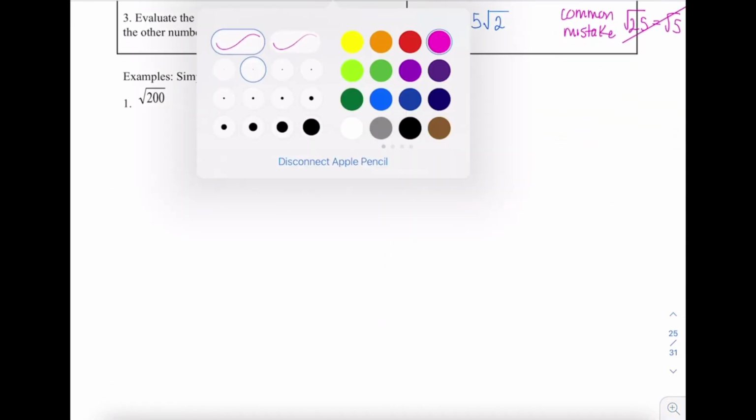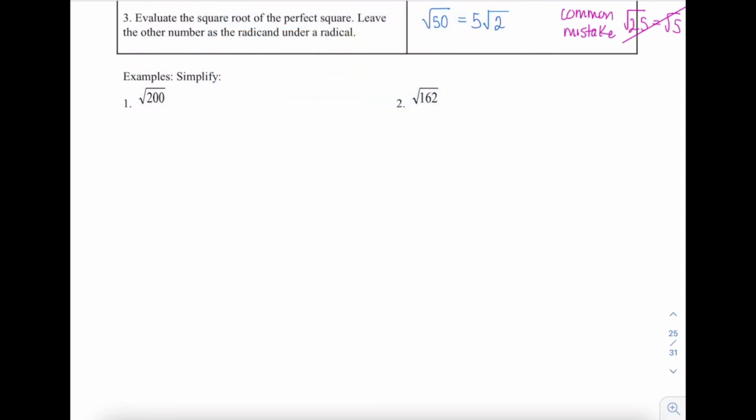These might seem obvious, but what can be helpful is writing out a factor tree. So 1, 200, 2 times 100, 4 times 50, 5 times 40, and I believe 8 is our last one.